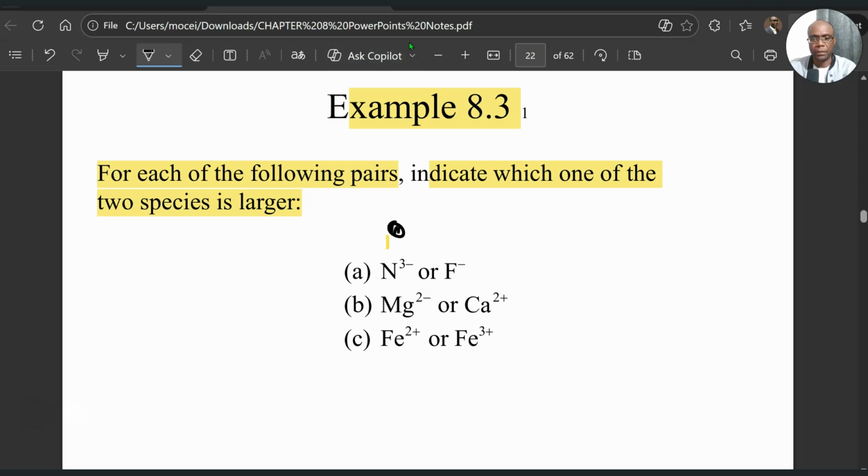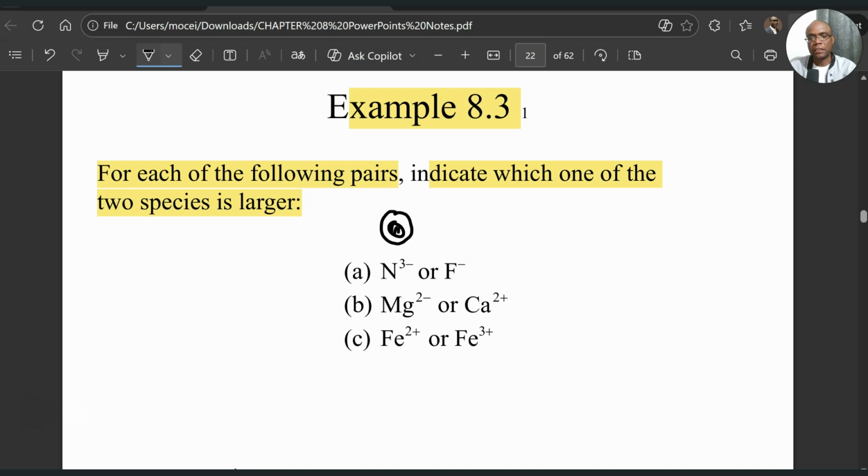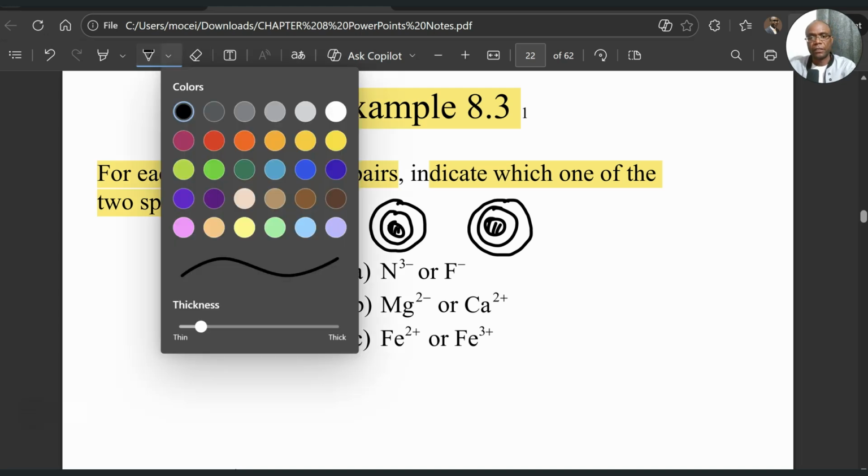Let me pull up a periodic table. So nitrogen is right here, in period 2. It does not increase the number of shells when it gets the new electrons. It keeps the shells as 2. Fluorine is in the same period 2, and even when it gains an electron, it keeps the same 2 shells.